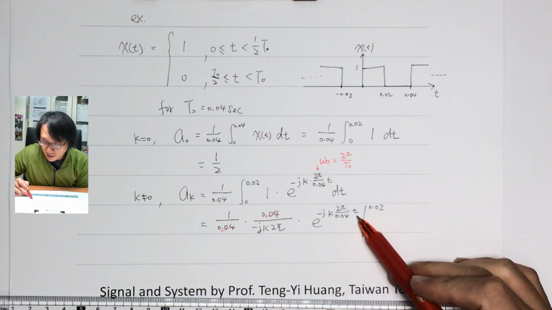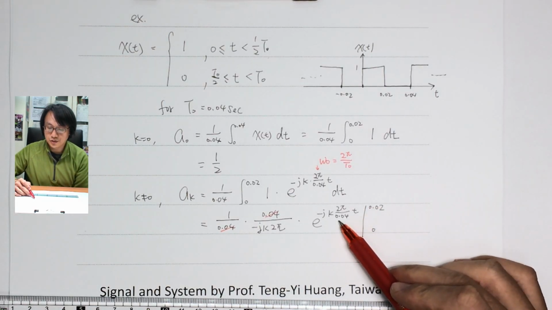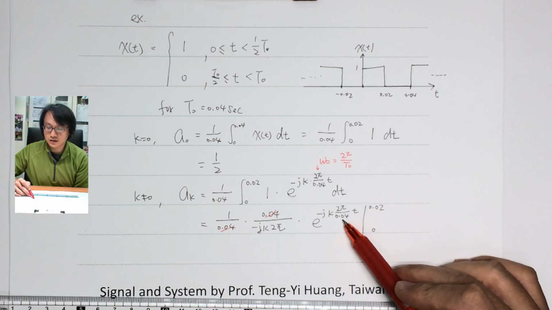Plug in 0.02. Set t equals 0.02. 0.02 over 0.04 is 1/2.